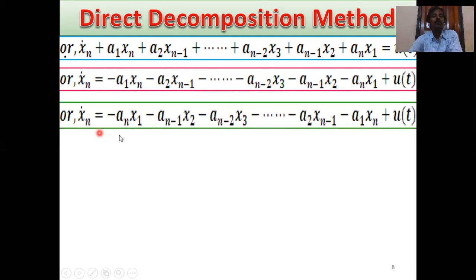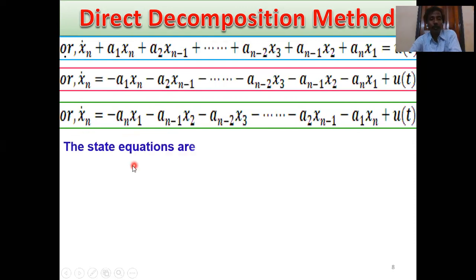So finally the state equation is xn dot equals minus an x1 minus a(n-1) x2 minus a(n-2) x3 minus ... minus a2 x(n-1) minus a1 xn plus u(t). This is the state space equation, because the left-hand side has the differentiation terms and the right-hand side is free of differentiation terms.